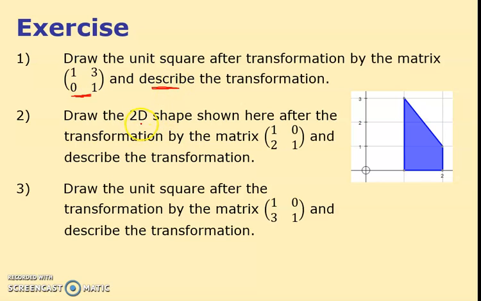Secondly, I want you to draw the 2D shape shown here, transform it by this matrix, and describe the transformation again. And finally, it's back to the unit square again. Remember, the unit square goes to 1, 1. That's the unit square. So in questions 1 and 3, you're using the same one, and you're going to transform it by this. You're going to draw it, and then describe the transformation.